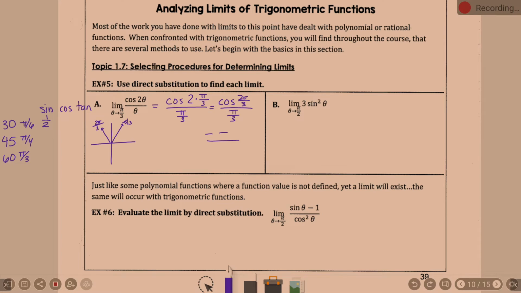Diagonal box at the bottom is also 1/2. Box next to it is square root of 3 over 2. Diagonal down below is square root of 3 over 2. The middle is 1 over square root of 2, square root of 2 over 2. Now here, honestly, we know tangent is sine divided by cosine.